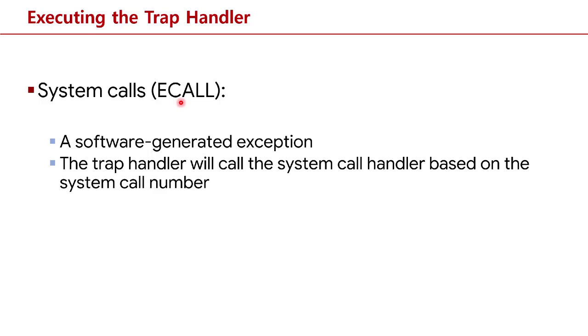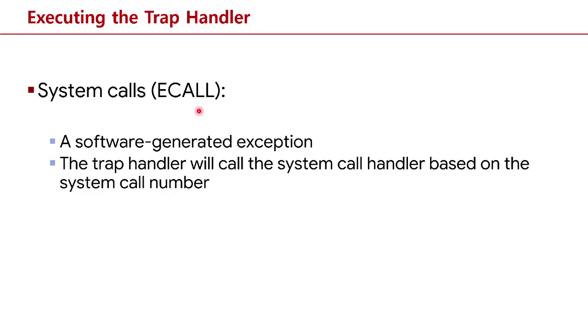Running the ECALL assembly instruction is called a software generated exception. A memory override exception may be caused by a wrong memory access in your software, but the ECALL assembly instruction is performed to request a service from the user space.